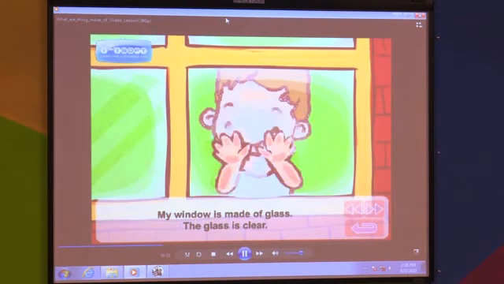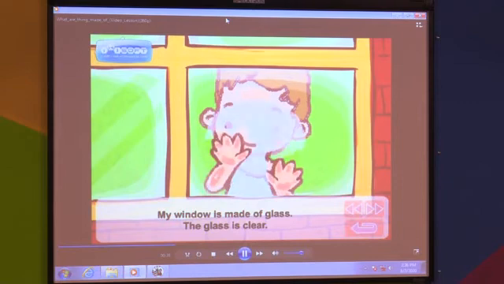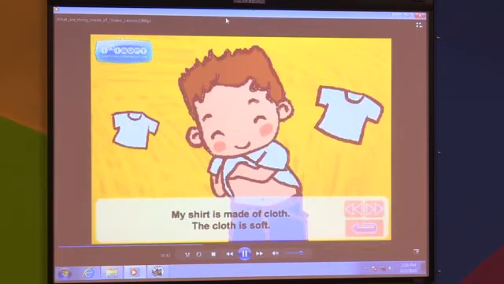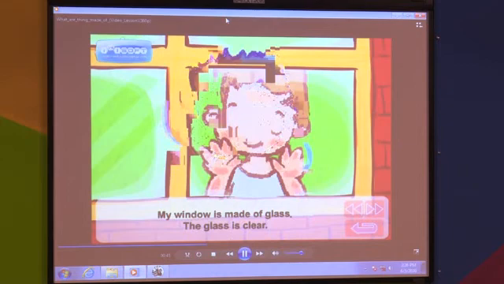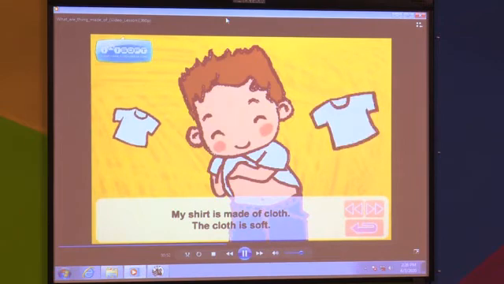My window is made of glass. The glass is clear. My shirt is made of cloth. The cloth is soft. My cup is made of china.